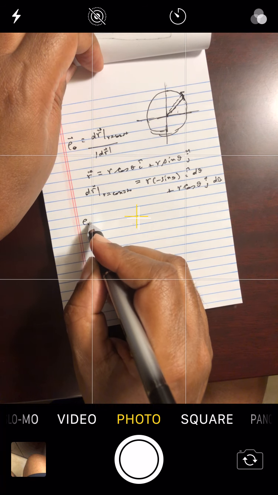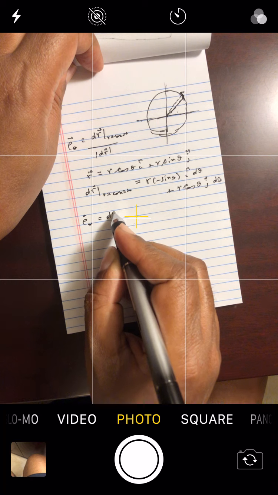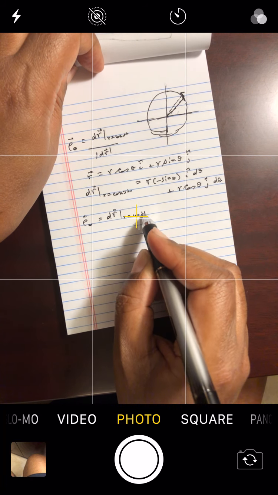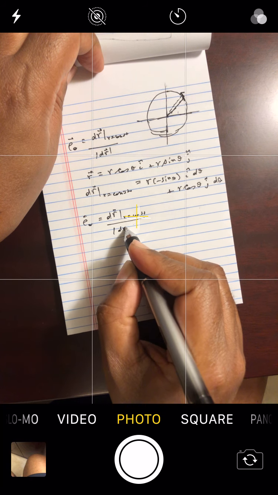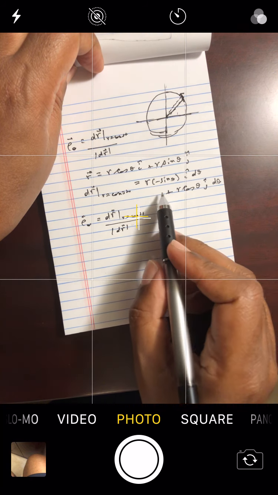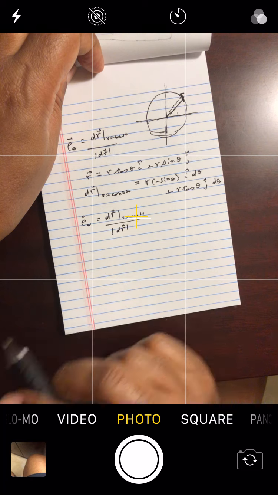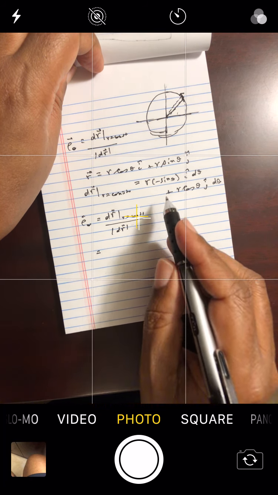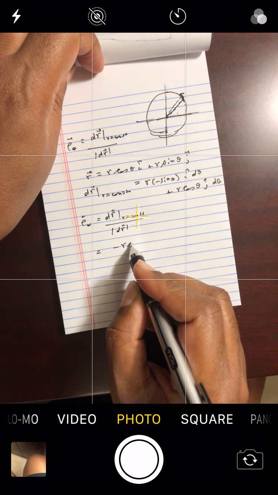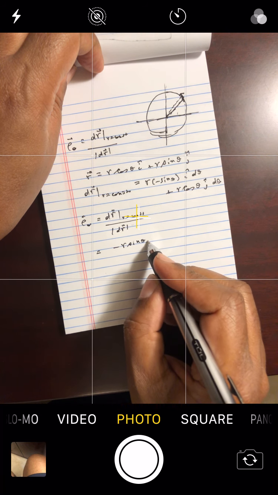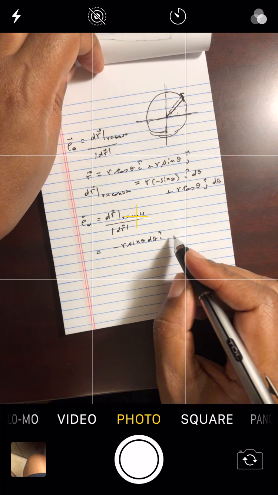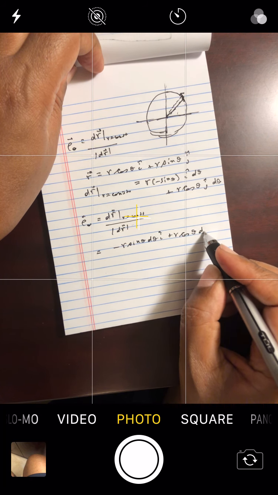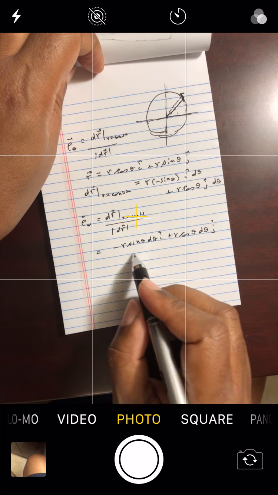Now E theta is the dR while keeping R constant divided by the magnitude of dR. Let's do that. This is divided by the magnitude of this one. So it's going to be this vector, negative R sine theta d theta in the i direction plus R cosine of theta d theta in the j direction. And what's the magnitude?